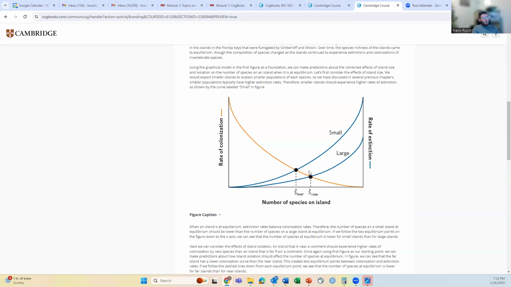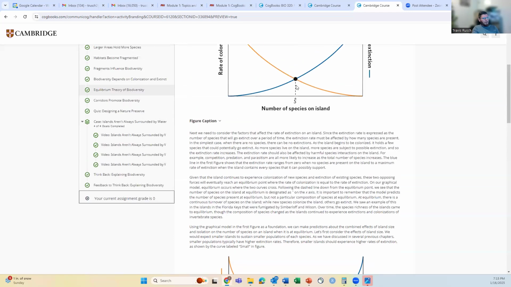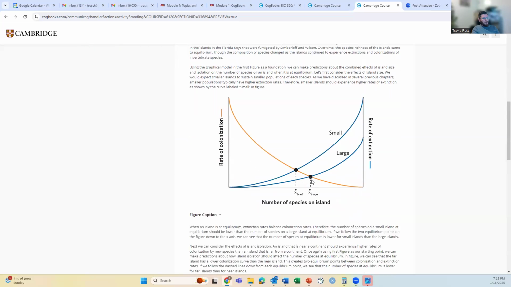What are these dots? Like we had one up here, and we have 2 here. So what are these dots representing? Intersection between colonization and extinction. Yeah, so where colonization and extinction are equal, right? And that kind of gives us almost like a point of equilibrium. So the extinction rate and the colonization rate, when they're equal, it's going to be balanced.